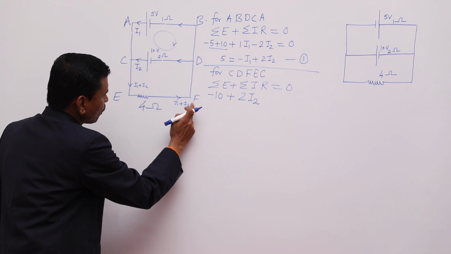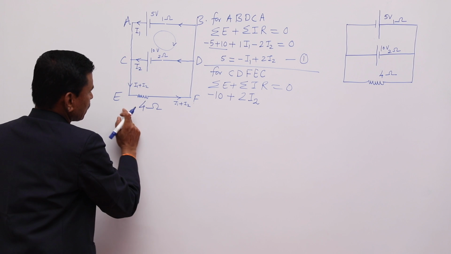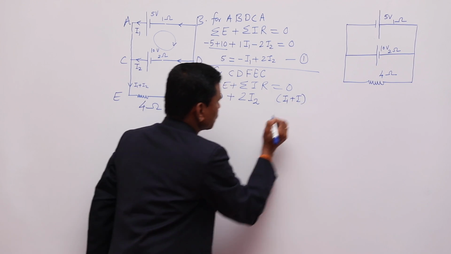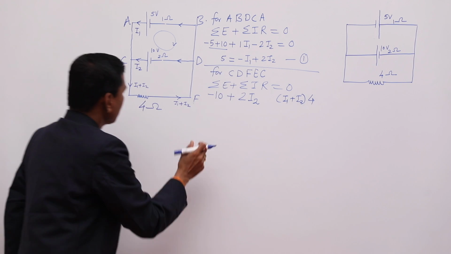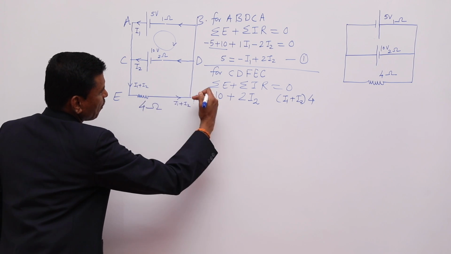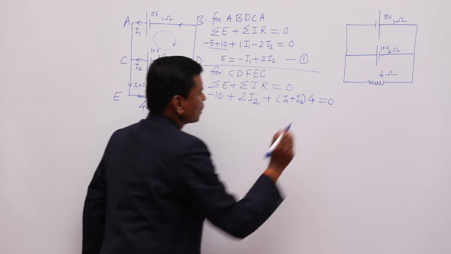And going from F to E, what is the current? I1 plus I2, and resistance is 4. Is the product taken positive or negative? We are traveling in the opposite direction of current, that's why plus, and that will equal 0.